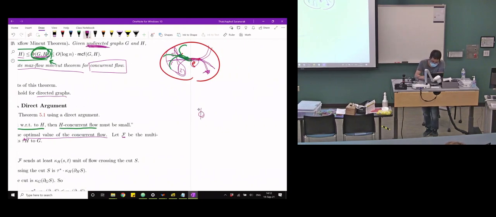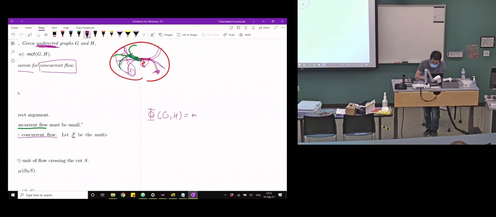Oh, good. So let me recall this. I used to write it like this. And now we think of weight and capacity as the same thing.